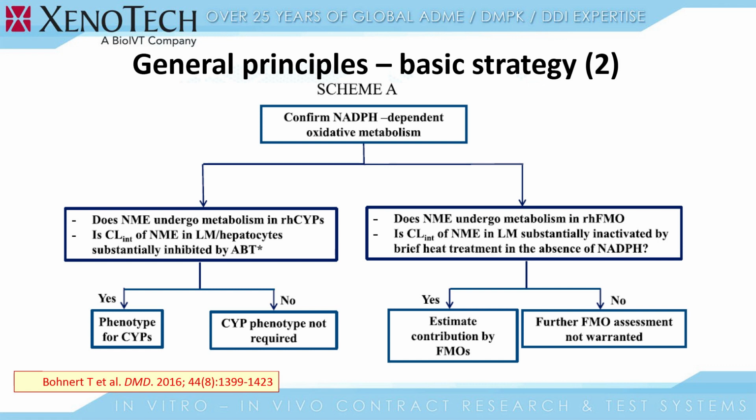And ABT is a pan-CYP inhibitor. So if the compound undergoes metabolism and its clearance is inhibited by ABT, then yes, we'll phenotype for the various CYPs. And if not, then CYP reaction phenotyping is not required.